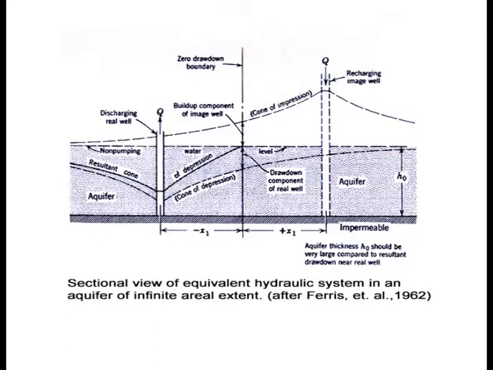So the real well is discharging at the rate Q, and the image recharge well is also recharging at the rate Q. You see in the figure the building component of the drawdown and the building component of the recharge. There is a cone of depression by the discharge or pumping well, and a cone of impression is created by the recharge well. You can see the figure, it is clear to you.